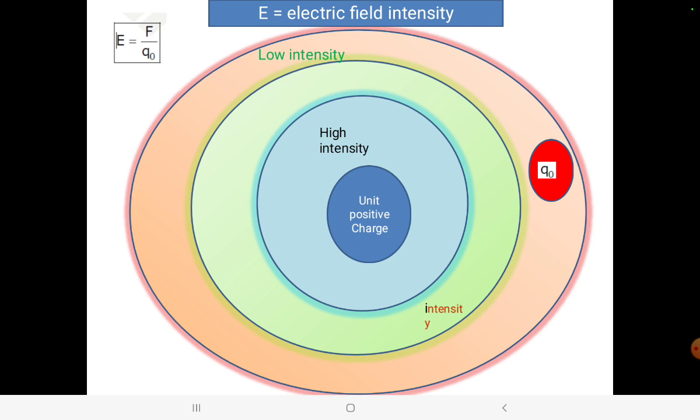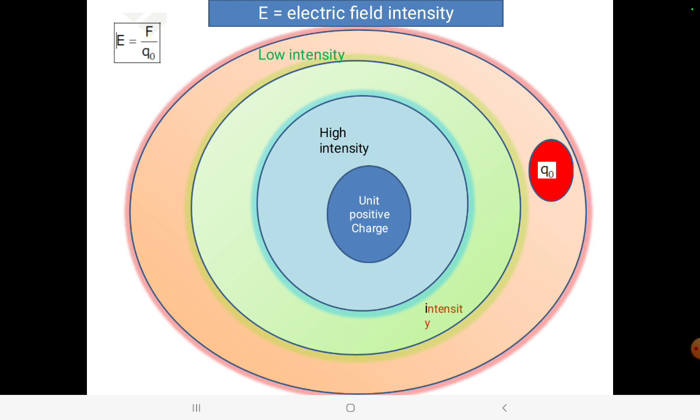Very near to this positive charge there is a high influence, which is a very high intensity. After crossing some distance, some boundary, the intensity will be less compared to the violet colored area.